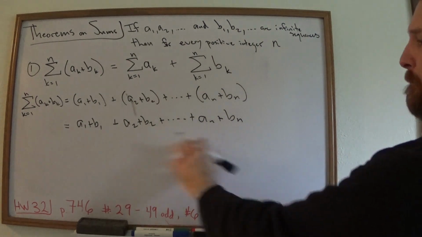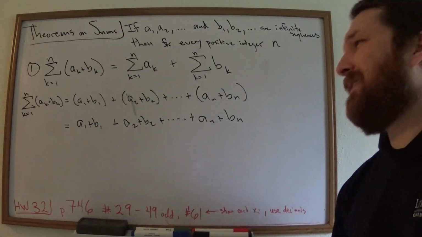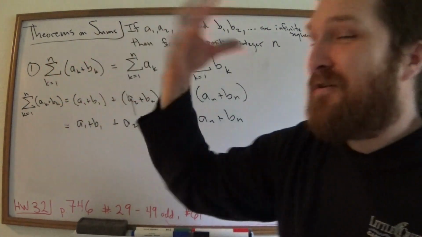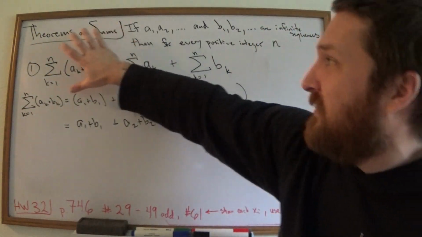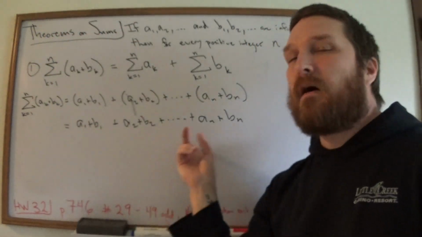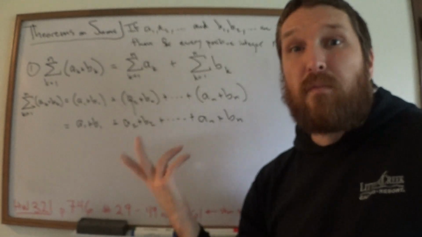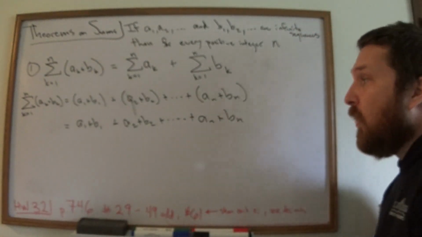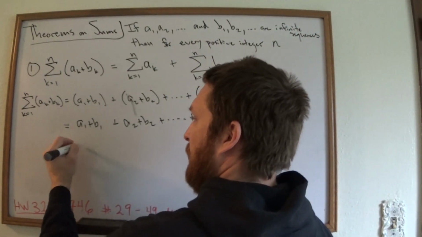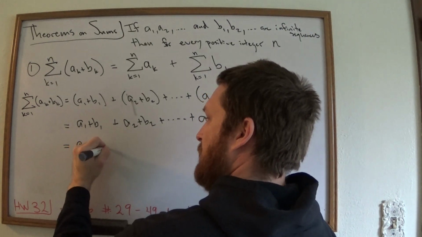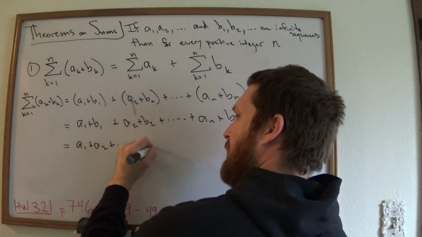But this is just a sum, right? Now you hear the word sum and you're like, oh, this crazy looking thing. Well, no. You're just adding up numbers. It doesn't matter. So we could rearrange these numbers. How about we arrange it so A1 plus A2 plus all the way up to the AN.